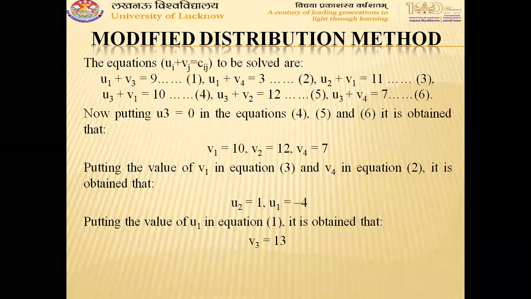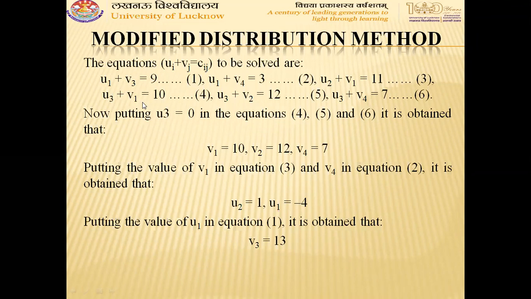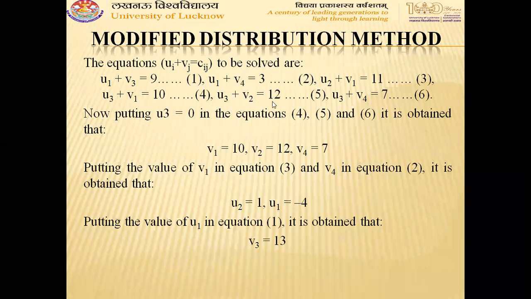So I have put u3 equal to 0 here, and putting u3 equal to 0 in equations 4, 5 and 6, it is obtained that v1 equals 10 from equation 4, v2 is equal to 12 from equation 5 and v4 equals 7 from equation 6.